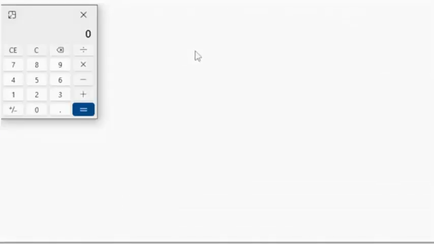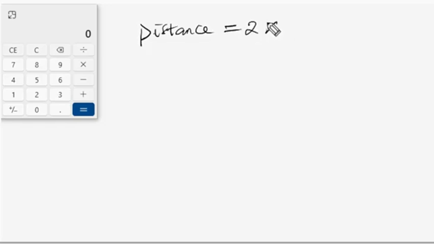Let's use our calculator here. We're going to write down here the distance is equal to 2 times the radius. So the radius of the chlorine atom is going to be the distance over 2. So the radius here will be 0.194 over 2.